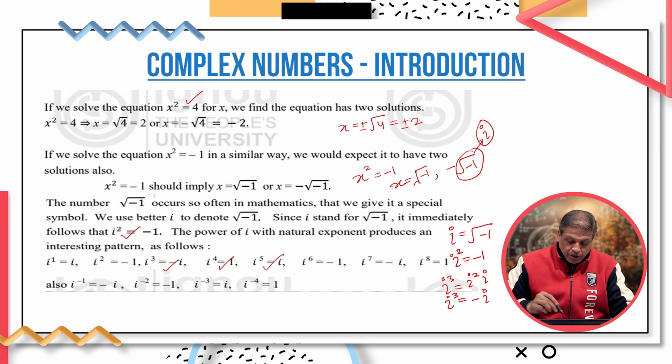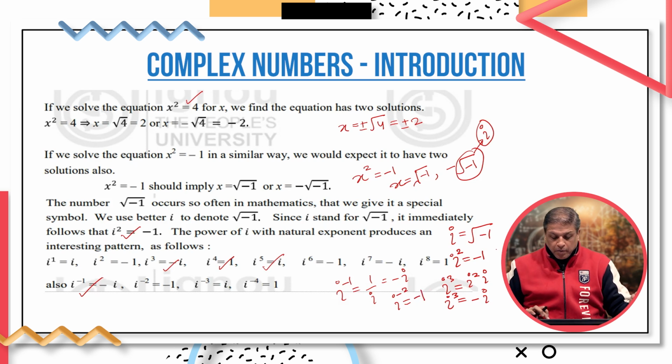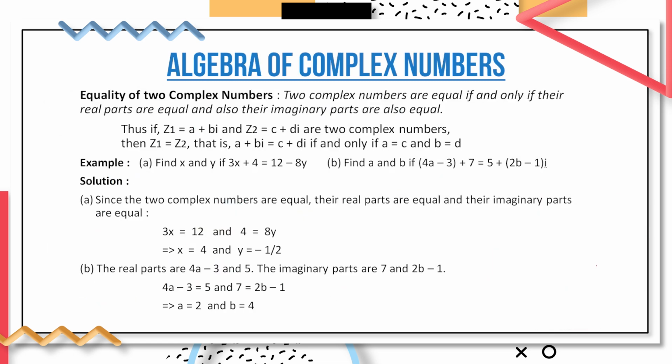Again, i to the power -1 is 1 by iota, and that turns out to be minus iota, and iota to the power -2 turns out to be -1. We will solve these values, and we will learn more about complex numbers in the subsequent slides.